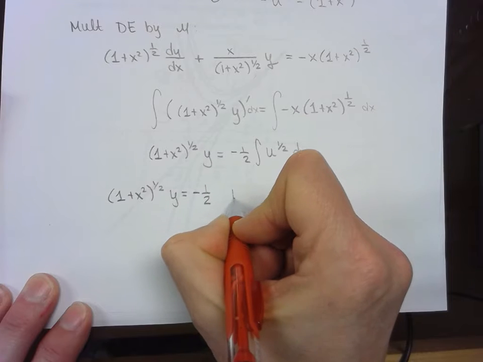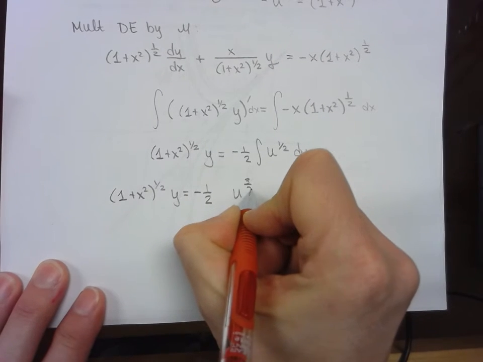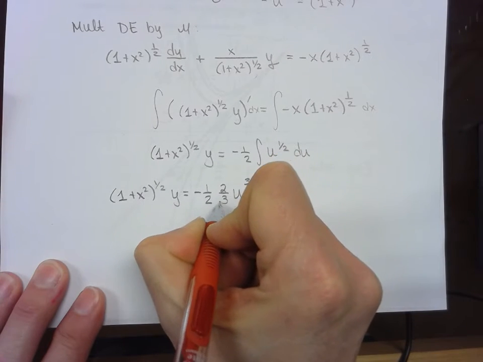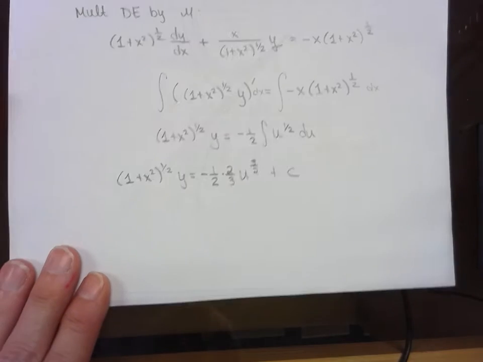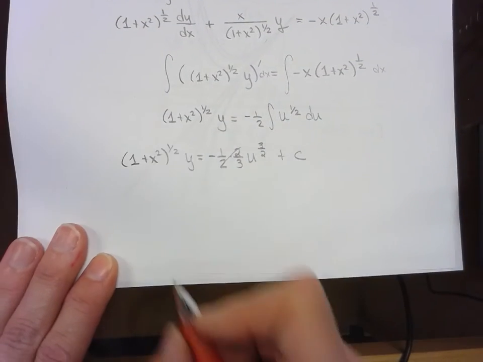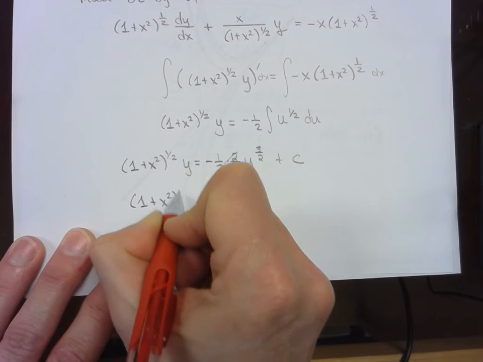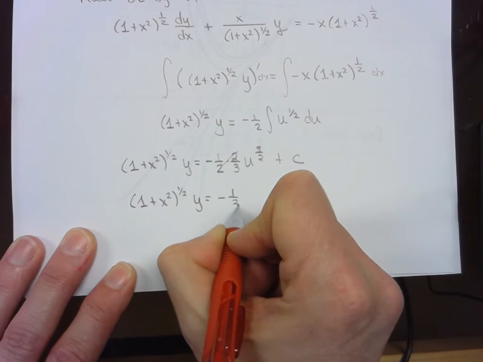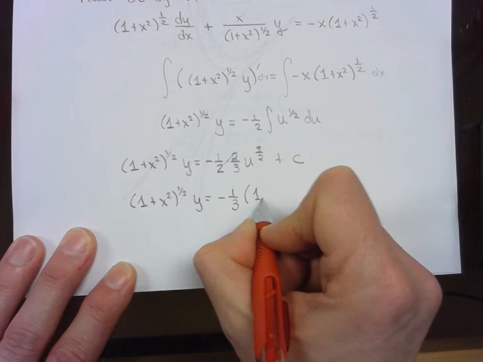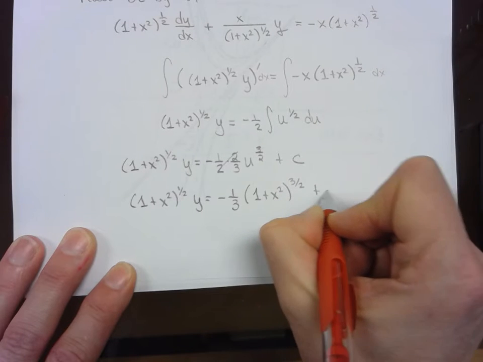What's the new power of u? 3/2. And so then we'll have a 2/3 out in front plus c. So the 2's cancel, and I have 1 plus x squared to the 1/2 y equals negative 1/3 times u, which is 1 plus x squared to the 3/2, plus c.